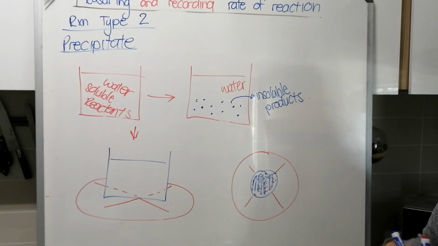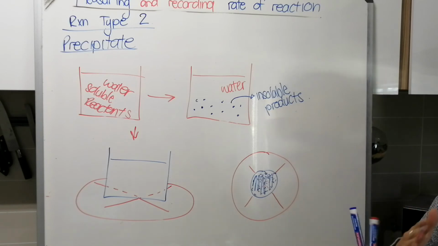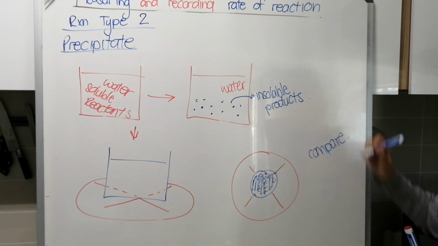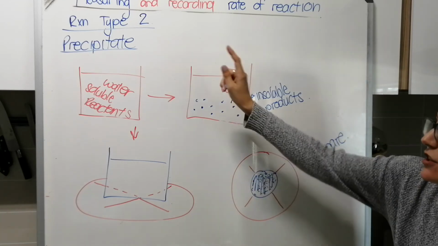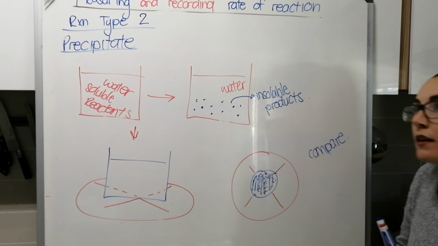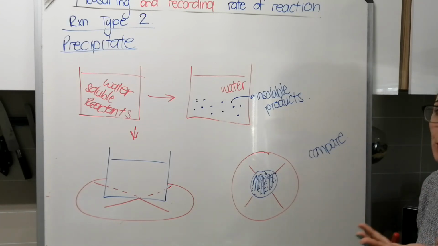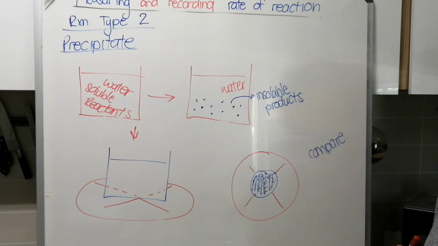So for this you're going to just eyeball it, it's all written in your notes. You observe how quickly it takes before you can't see that X anymore, and you would use this to compare. For example, let's say I changed the concentration. In my first experiment, I used a concentration of 2 moles per dm cubed of my reactant.